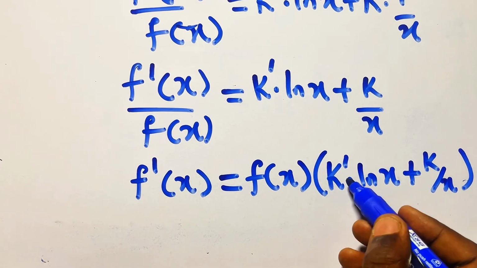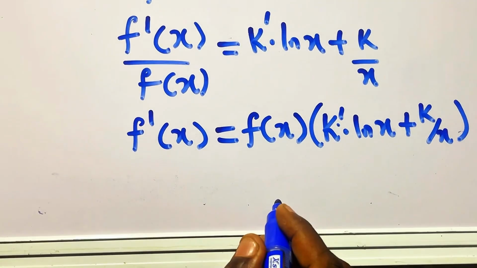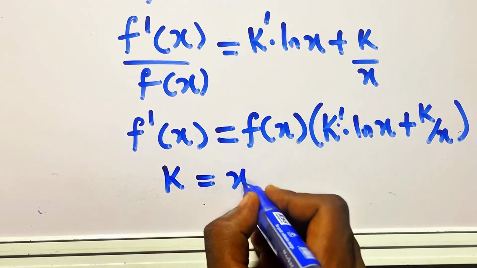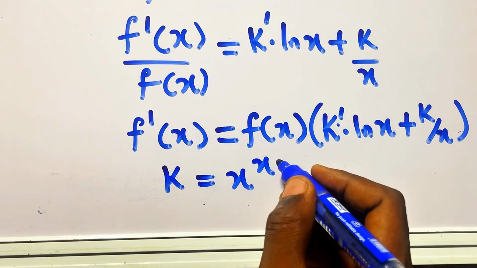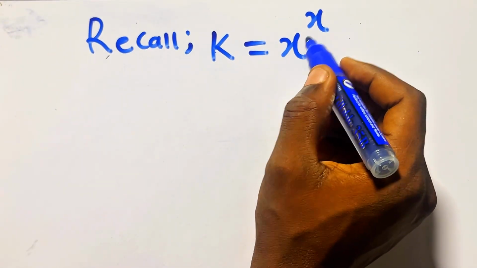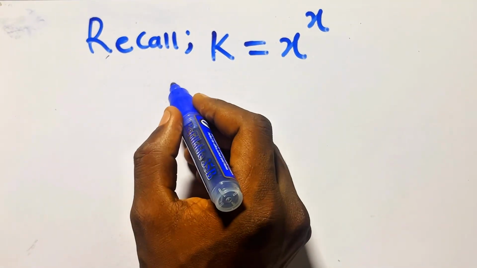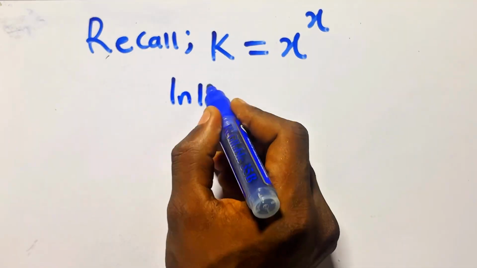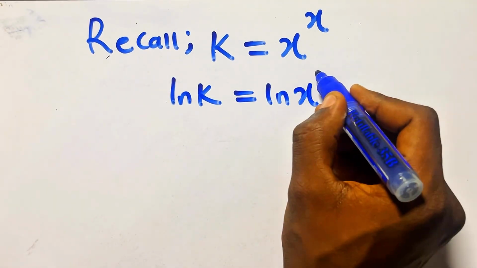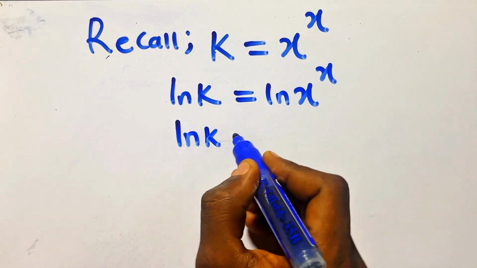However, we need to find k prime, and to do that we recall that k equals x raised to the power x. If we introduce ln to both sides, we have ln k equals ln x to the power of x.